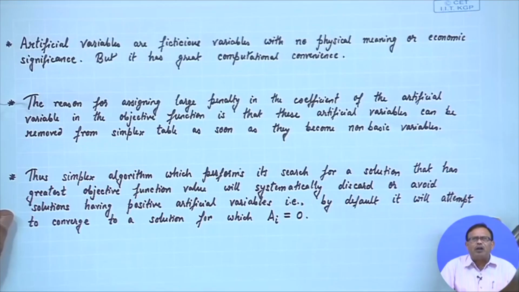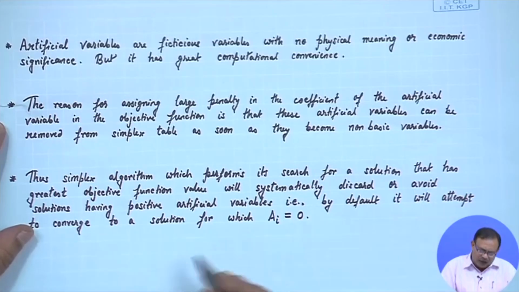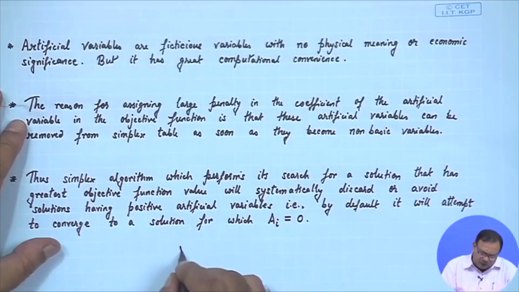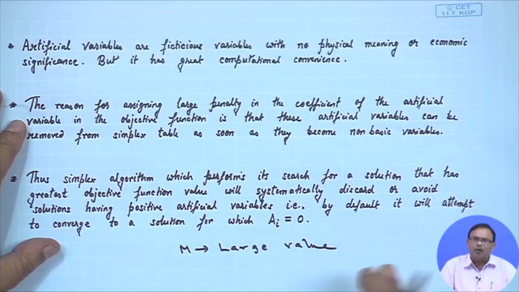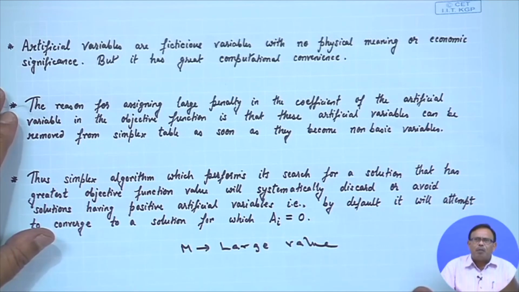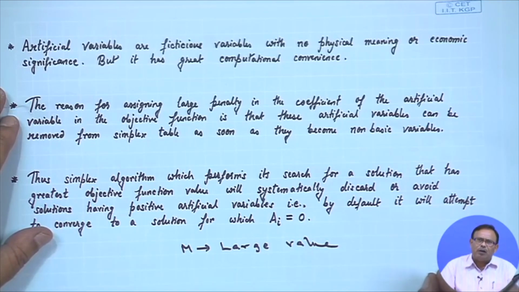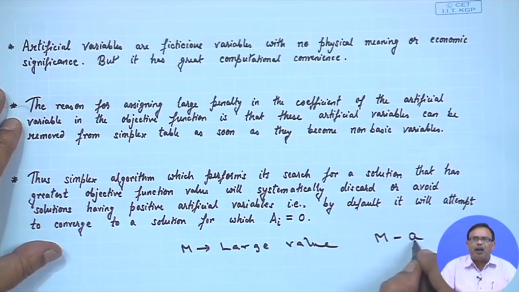Now, one point will come here, that is, we are always saying that M will take a very large value. What does it mean, very large value? Because whenever I am subtracting something, some element may be greater than M. So, the assumption is that whenever I subtract any element, say a, from M, M will always be greater than a.